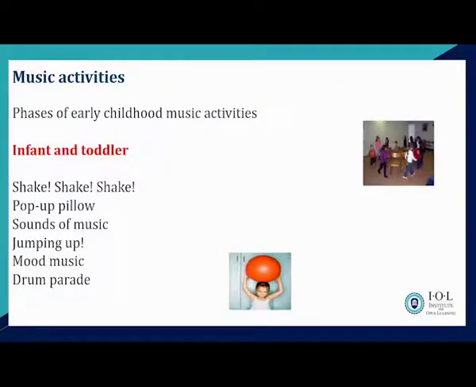What are the music activities for an infant and a toddler? They are able to shake, pop up pillows, sound of music, jumping up, mood music, drum parade. Those are the type of things they are able to do, the infants and the toddlers.